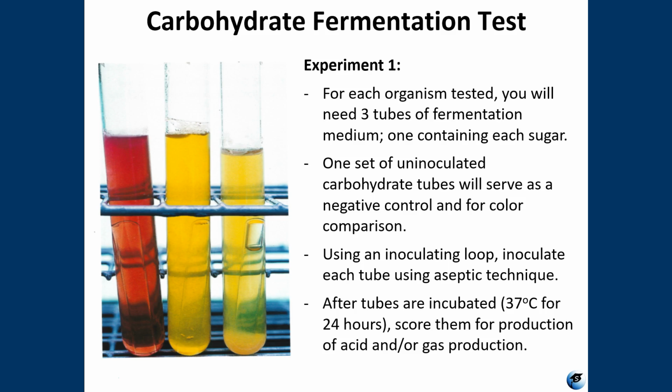It's going from red to yellow. That indicates that the pH has dropped, and that is due to acid being produced. And then the tube on the right is also positive for fermentation, and it is showing production of acid and the production of gas. So it's illustrating fermentation via both indicators in the test tube on the right.